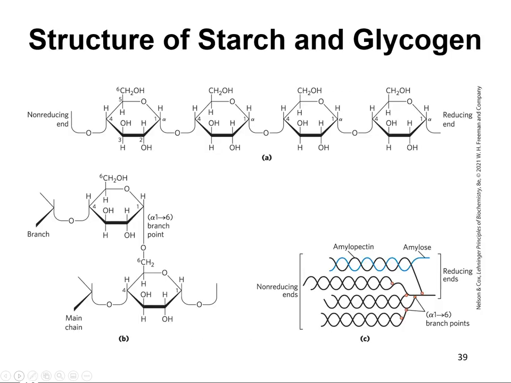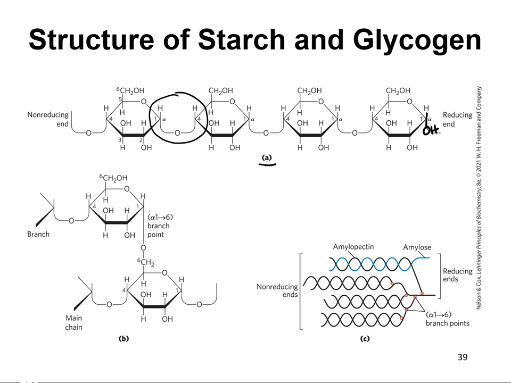Here's some examples of looking at these starch and glycogen molecules. So for A, what we're looking at is just a lot of glucose molecules that have the alpha-1,4 linkages. Once you finally get to the end of a strand, and let's say that this just had a hydroxyl group here, that would be the reducing end.